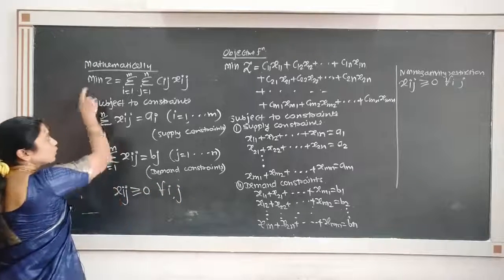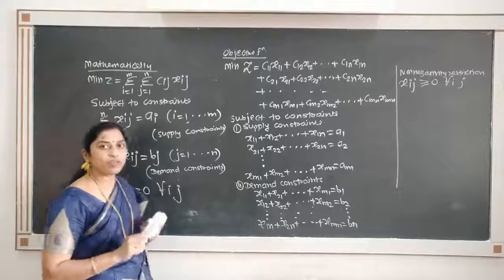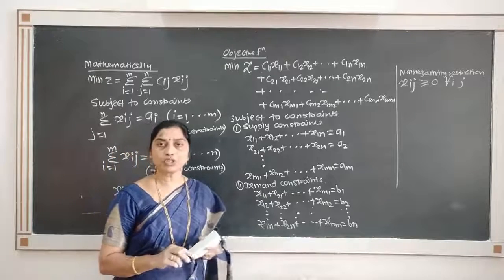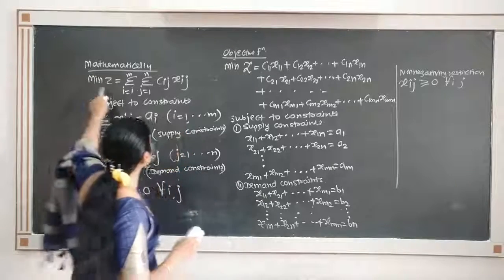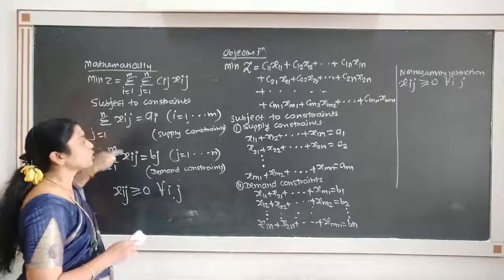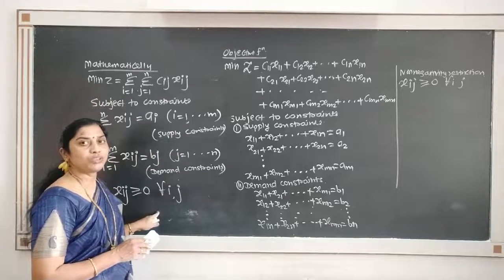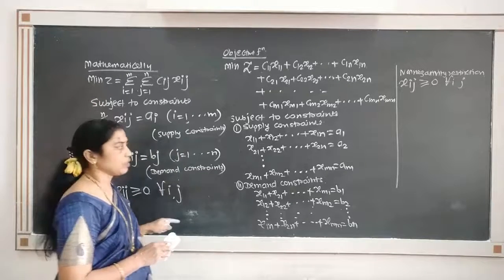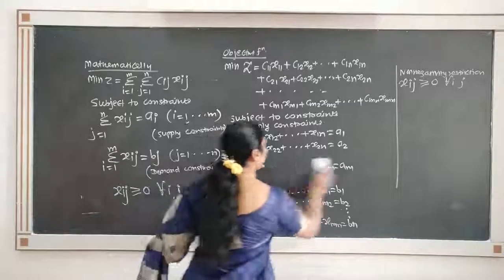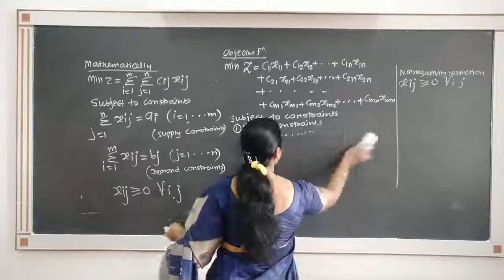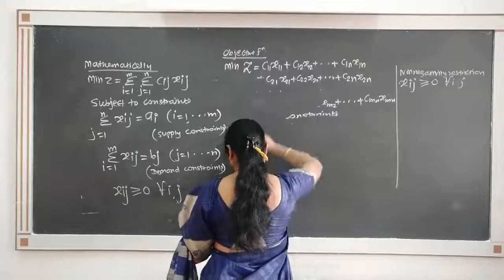So this is the total mathematical formulation of the transportation problem. It has an objective function subject to the constraints and non-negativity restriction. So every transportation problem is a linear programming problem.